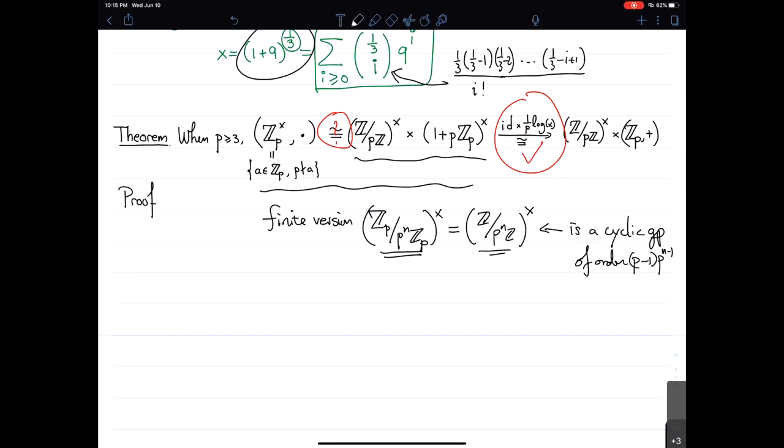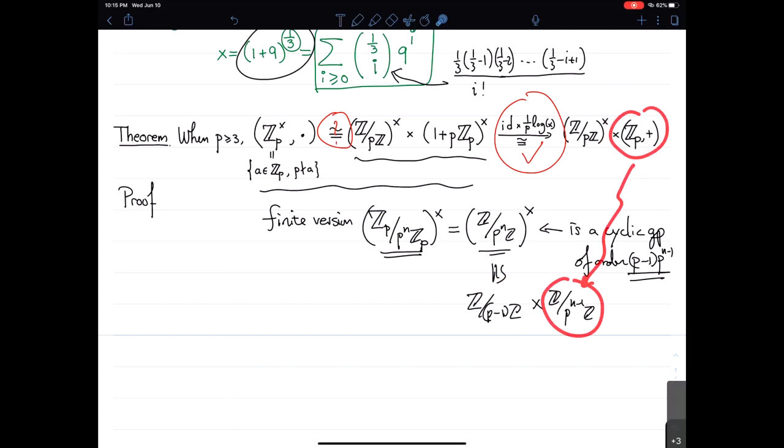And we learned that if it's a cyclic group of this order, then this must be isomorphic to (Z mod (p minus 1) Z) cross (Z mod p^(n minus 1) Z). What I'm doing here is that this multiplicative thing is really just this thing, and this degenerates to this one because I'm using a mod p^n version. So this is a finite version of the isomorphism I have above. But in fact, this isomorphism passes to the limit.